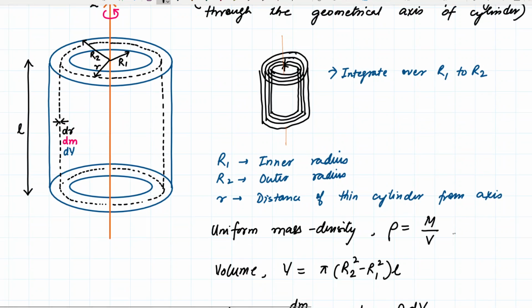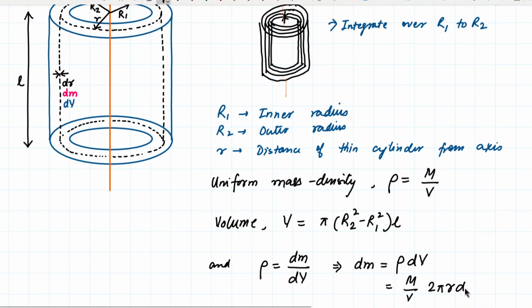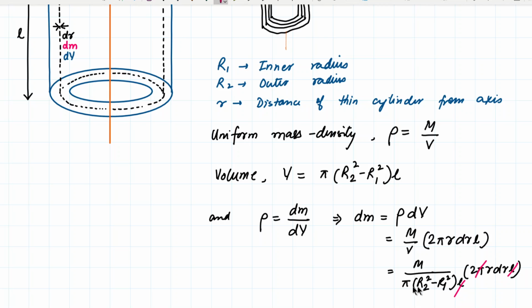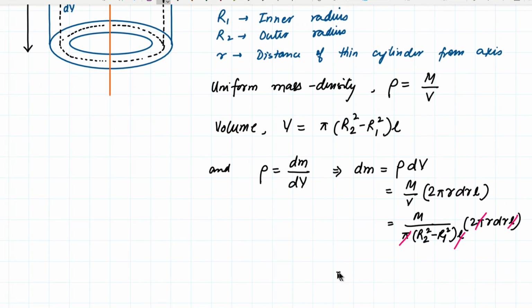What is dv here? dv is equal to 2 pi r dr L. So m upon V is equal to dm upon dv, that is, m upon pi (r2 square minus r1 square) L equals dm upon 2 pi r dr L. Therefore L gets cancelled and pi gets cancelled, and you're left with dm equal to 2 M r dr upon (r2 square minus r1 square).